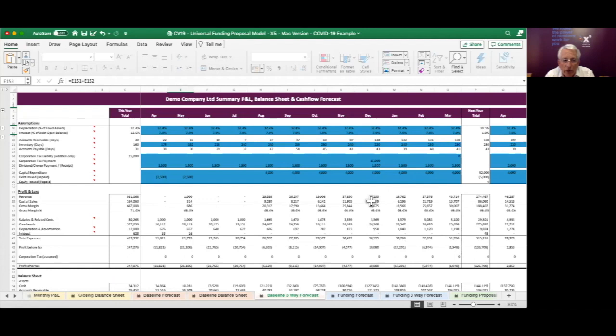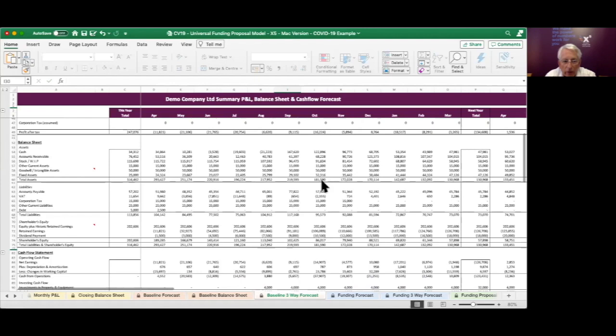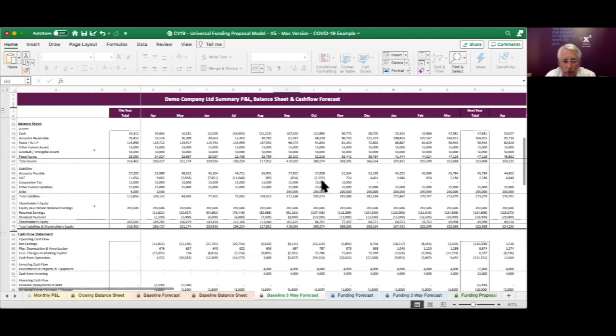We could go and put it in there and say, right, let's say in September, so we're going to have 200,000. How does that reflect our cash position?